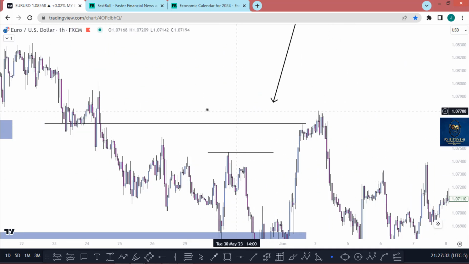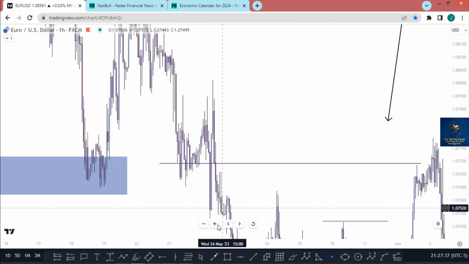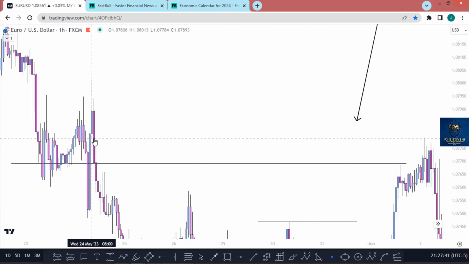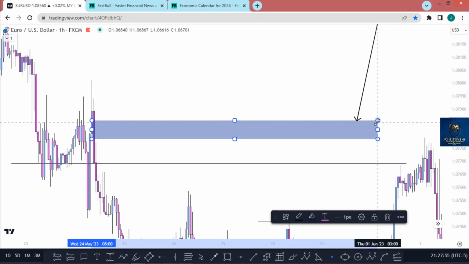So as you can see, try to see now. We have an imbalance between this candle and this candle. The wicks don't touch each other, so I mark it like this.